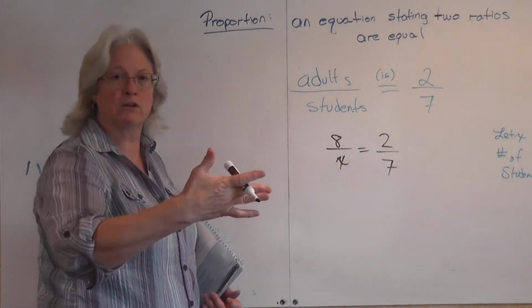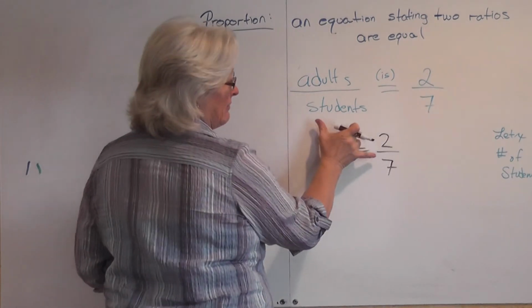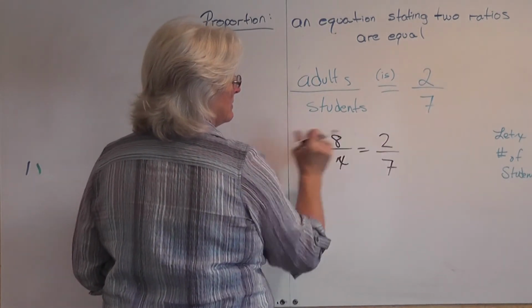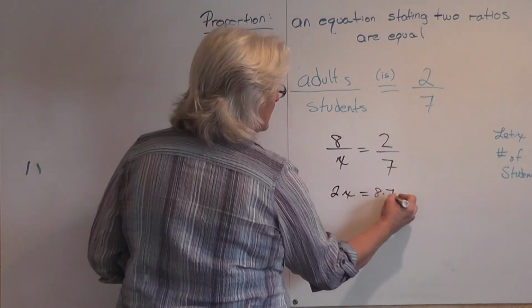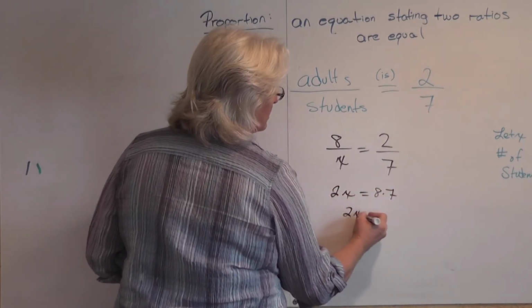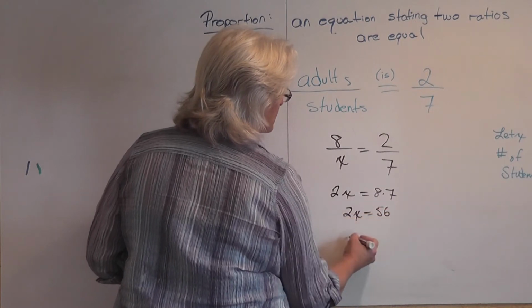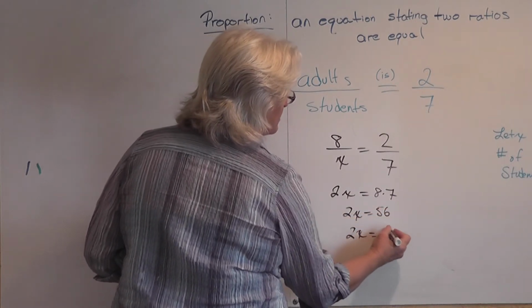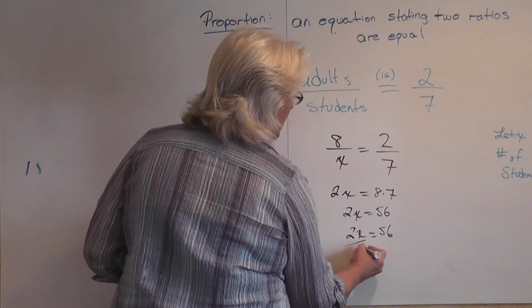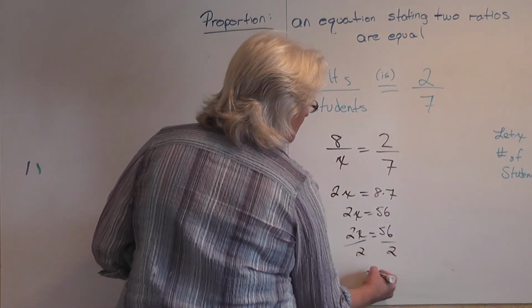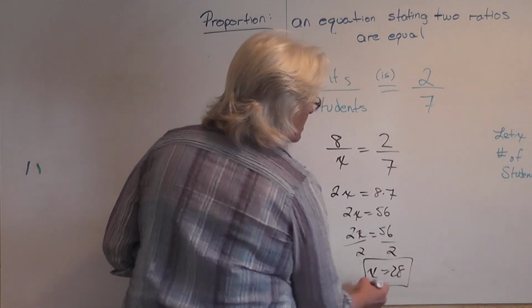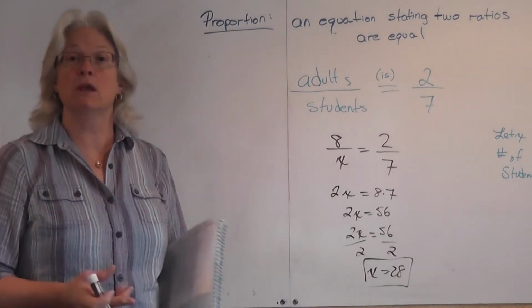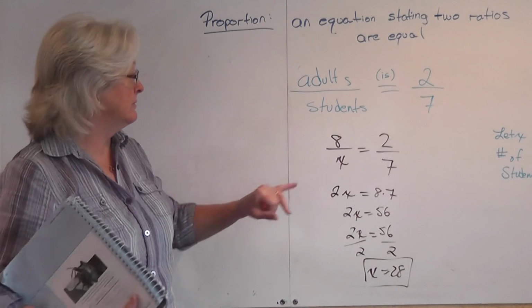If the cross products are equal, you don't have to set it up 8 times 7. You can say 2 times x is equal to 8 times 7. 2x is 56. We're going to divide both sides of that equation by 2, and then we see once again that x is equal to 28.